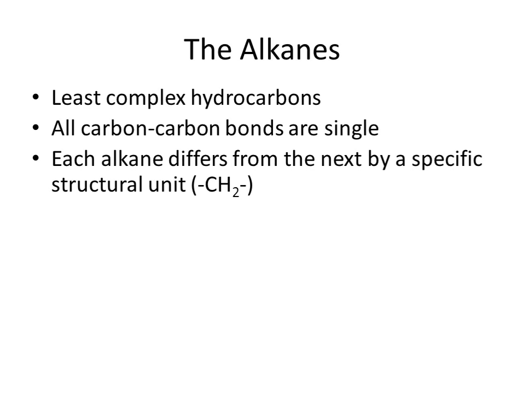Now, as we lengthen the carbon chains, the difference between one member of the alkane family to the next is the addition of a specific structural unit, and that structural unit is a CH2 unit. Remember that carbon is tetravalent, which means that each carbon needs to form a total of 4 bonds.